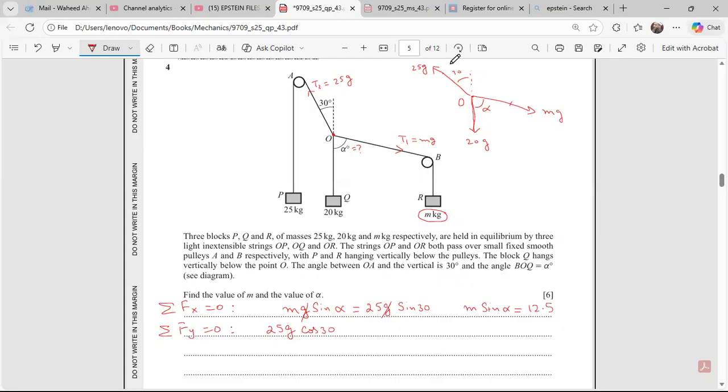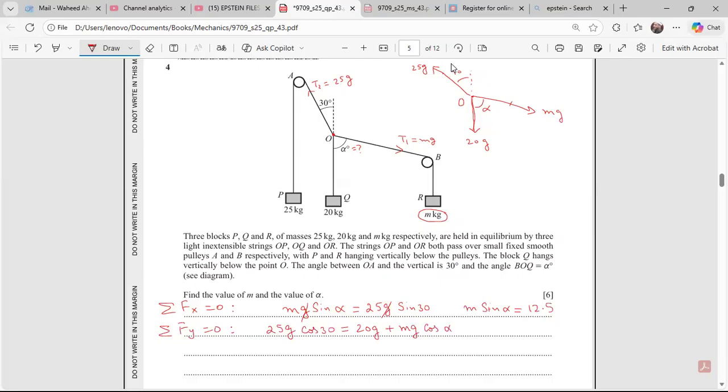So this is in the positive y direction. This is equal to all the forces in the downward direction. So 20g is one of those forces, and the other force is mg times cosine of alpha.